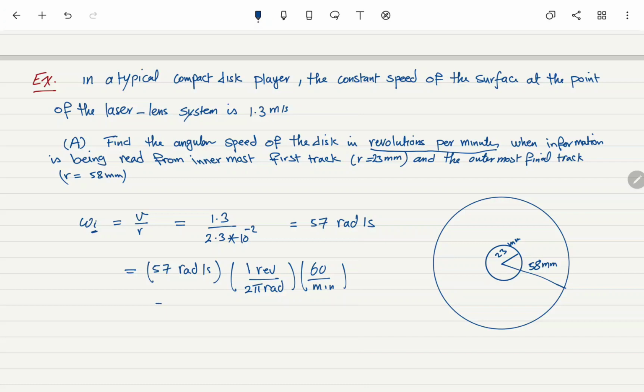You do the math here, so it's equal to 5.4 times 10 to the power 2 revolutions per minute.